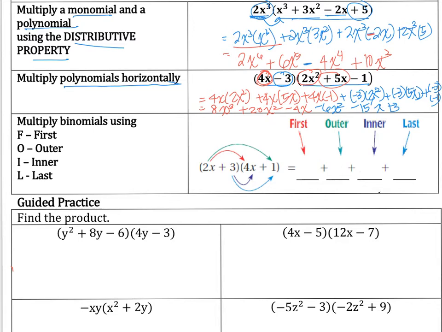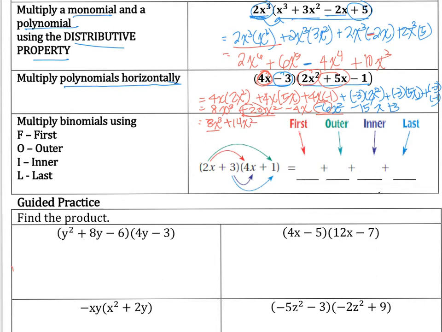And now we can combine our terms. So positive 20x squared with negative 6x squared makes 14x squared. But we can first write 8x cubed because there's no other terms with the variable x cubed. And then we can take that term, 8x cubed, and add 14x squared because of positive 20 minus 6.